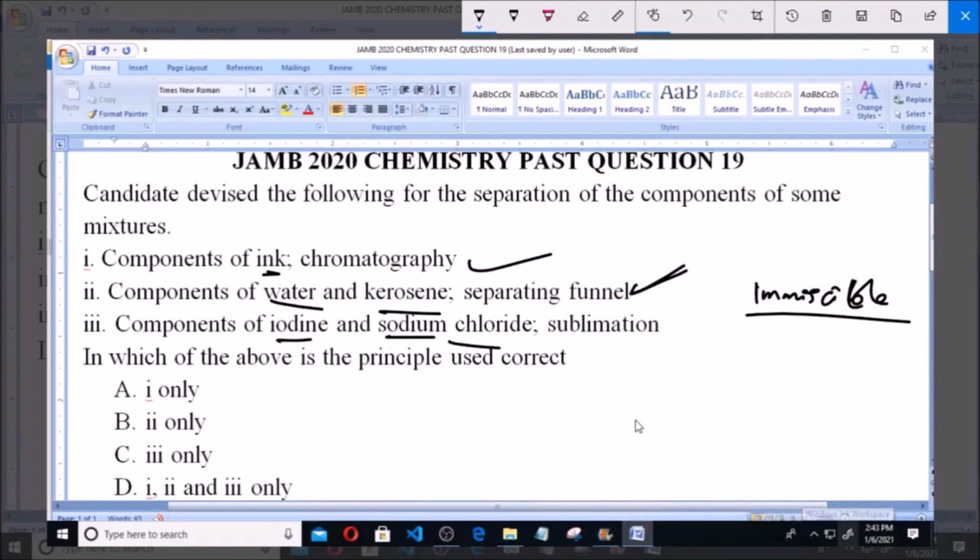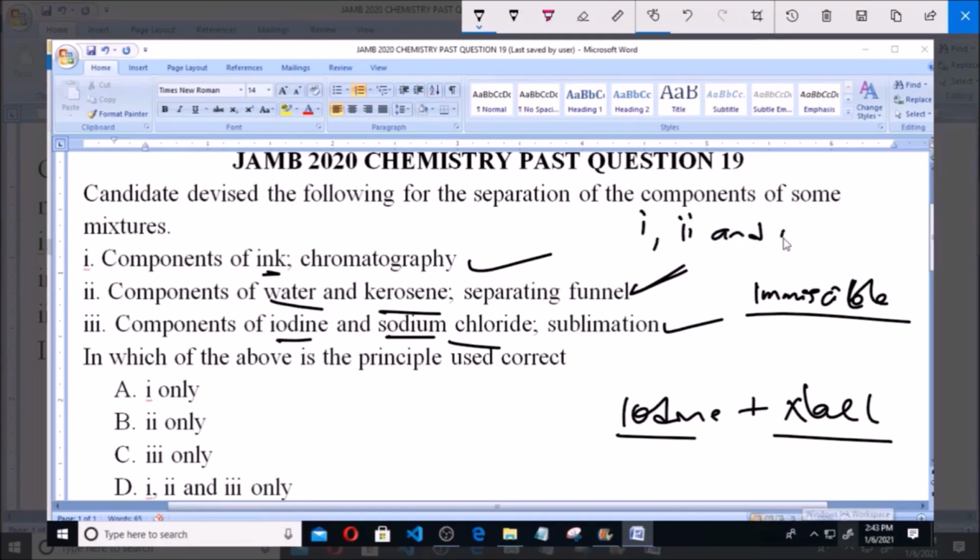Now, if you have a mixture of iodine and sodium chloride, the best way to separate them is to apply heat, because once heat is applied, iodine will sublime, leaving out sodium chloride. And so therefore sublimation is a correct technique for separating these two components. So therefore I is correct, II is correct, and III is correct, in option D, the correct answer to this question.